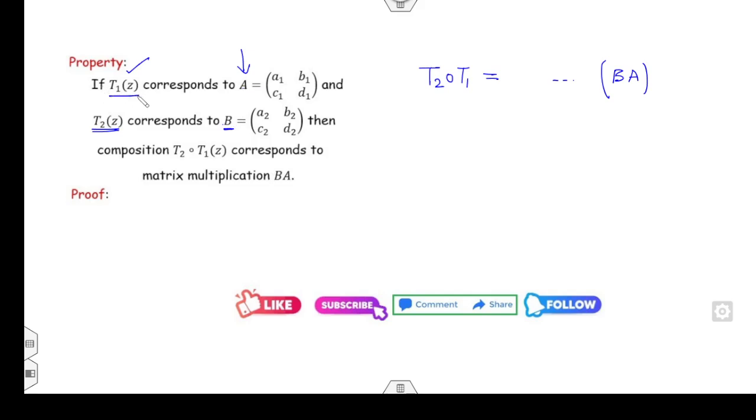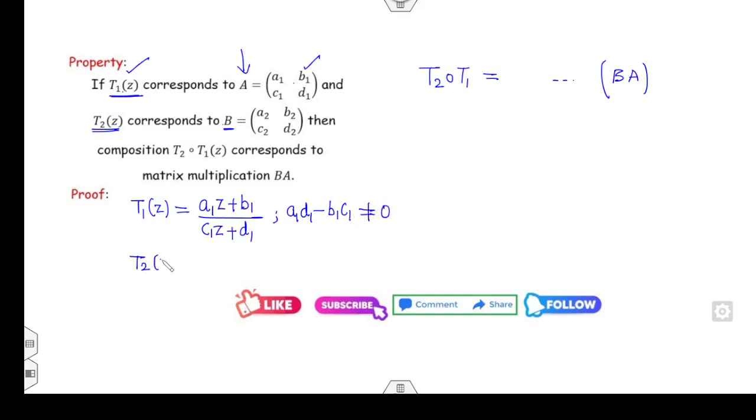The proof is again very simple. You have two Mobius transformations. I can assume T1 is (A1 Z + B1) divided by (C1 Z + D1) such that A1 D1 minus B1 C1 is non-zero.